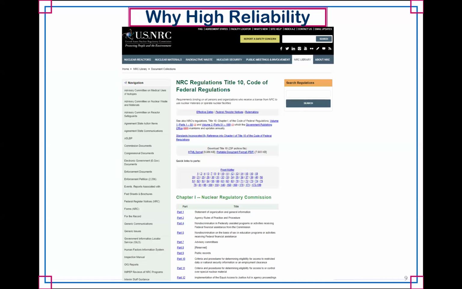Now, you might be able to say, well, that's all well and good, but are they actually following it? Well, each of the nuclear reactors at their site has an NRC staff member on site at all times, attending meetings, making sure that they're following the Code of Federal Regulations for the requirements that are specified. So that's just a very different thing than having an inspector come in periodically.